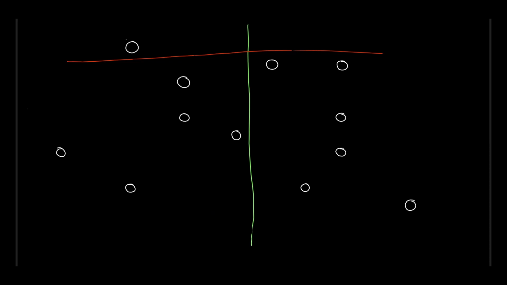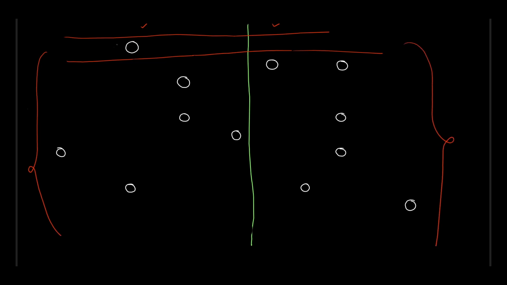You could draw a horizontal line over here, or starting from here. If you do draw this horizontal line, this is the first quadrant, second quadrant, this entire thing is the third quadrant, and this entire thing is the fourth quadrant. Or you can draw a horizontal line after this element, or after this element, and so on.